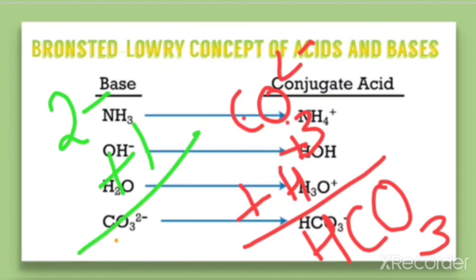So what is the overall charge? Two negative and one positive, that is minus 1. So when you are adding, you need to add the charges also. Two minus and one plus give rise to the minus 1 charge, so the conjugate acid is HCO3 negative.